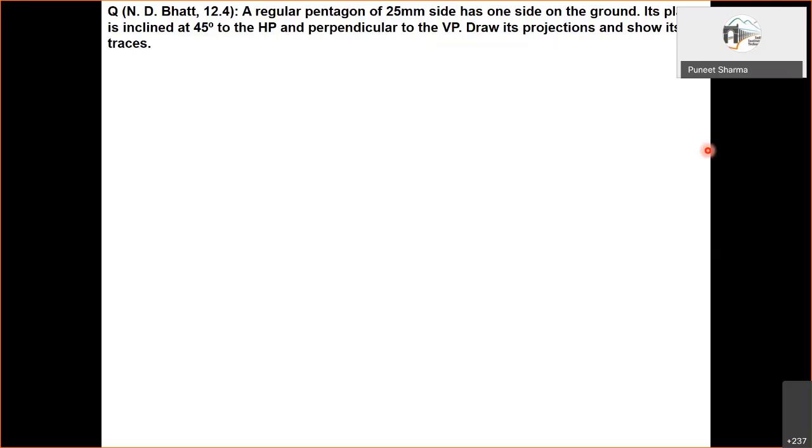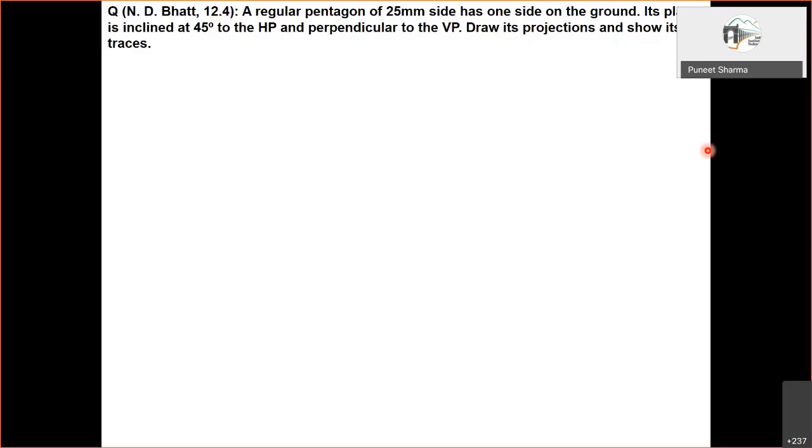That means if we consider the horizontal plane to be the ground, then one of the sides is on the ground. Its plane is inclined at 45 degrees. Since it is a regular pentagon, its surface is inclined at 45 degrees to the HP and perpendicular to the VP.